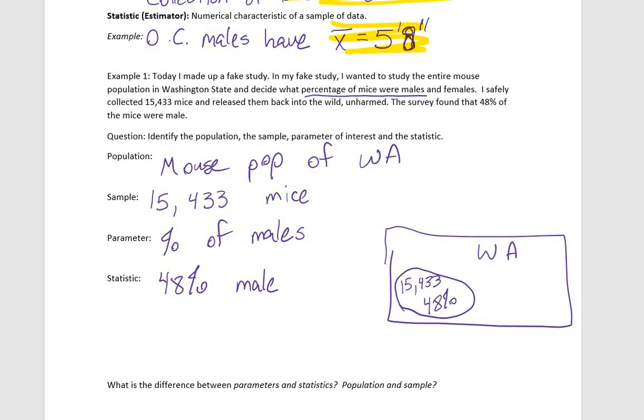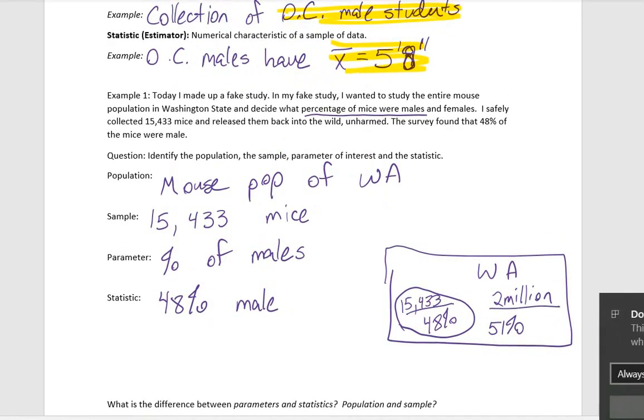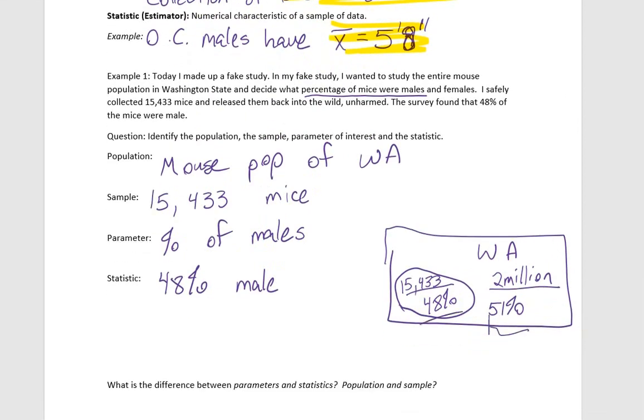Now, let's say in the state of Washington there's actually 2 million mice, and let's say that 51% of them are male. Okay? That's the difference between a population and a sample, and the difference between a parameter and a statistic.